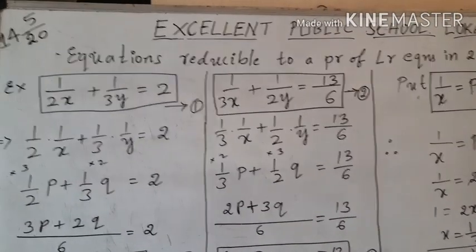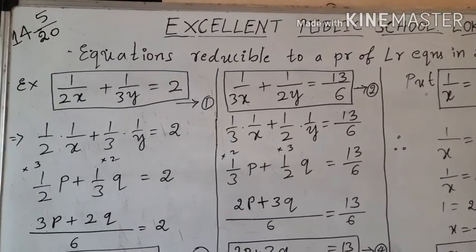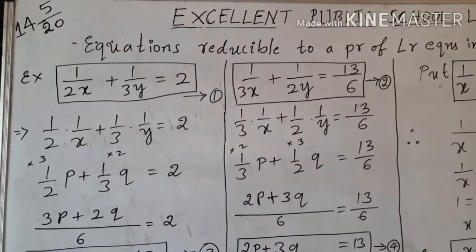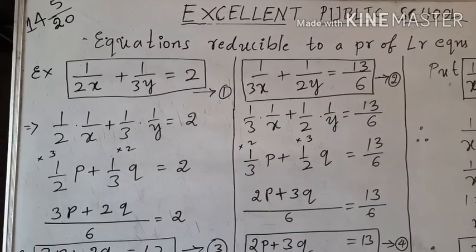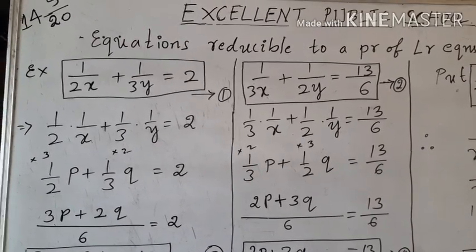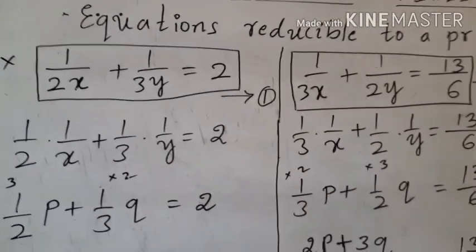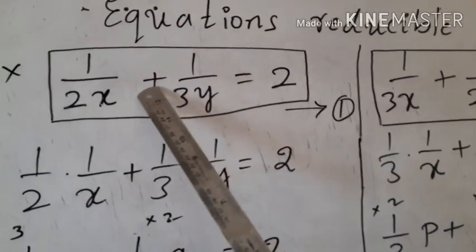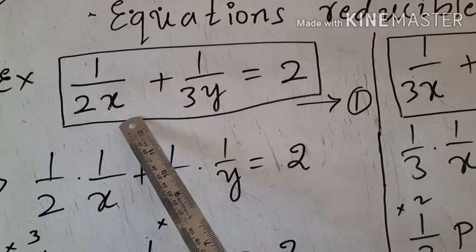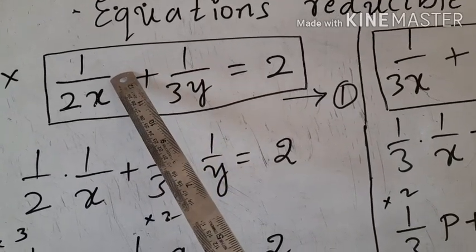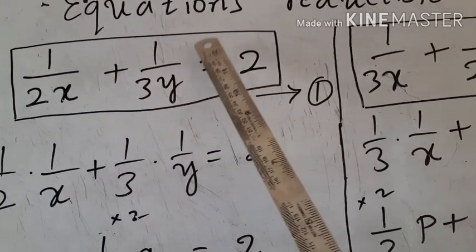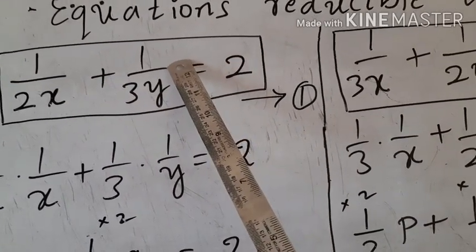But when we look at them, they appear to be a pair of linear equations in x and y. But actually, they are not a pair of linear equations in x and y. They are just equations in x and y, because x should not be there in the denominator. The x should be there in the numerator with positive power, and y also should have been there in the numerator with positive power.